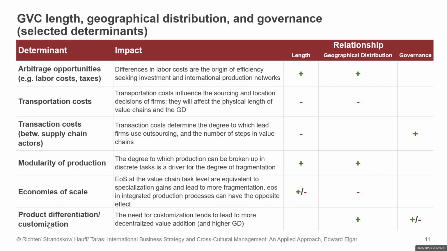And then you have the product differentiation and customization. So basically, the need for customization tends to lead to more decentralized value addition, because then you want to cater for more local needs.